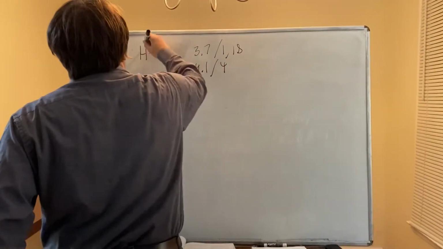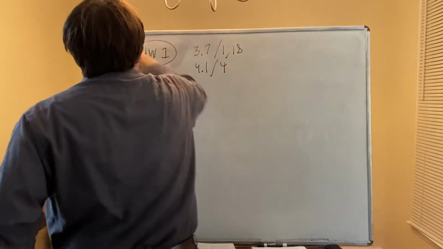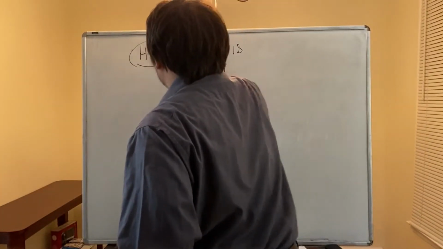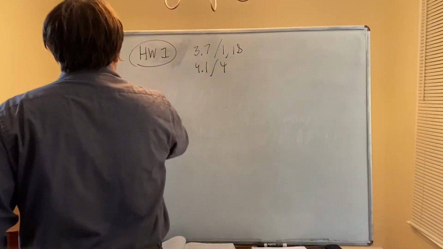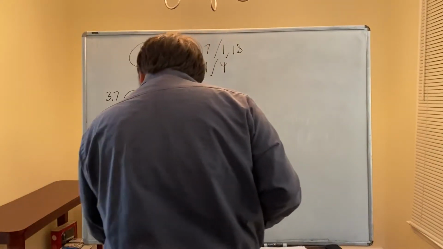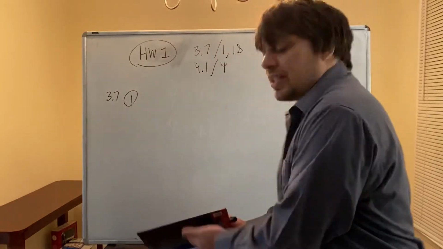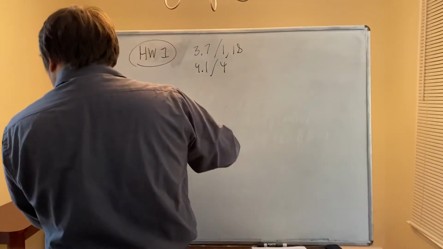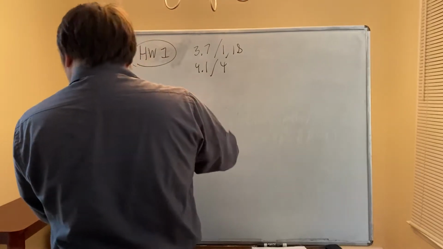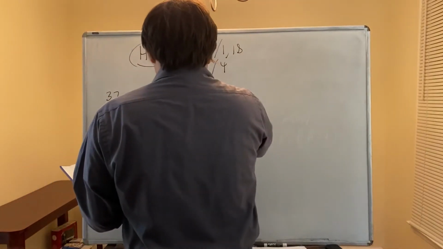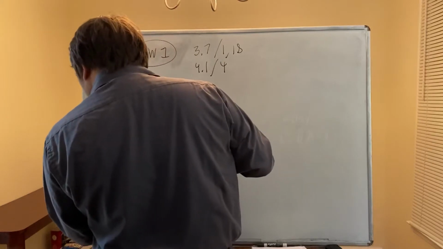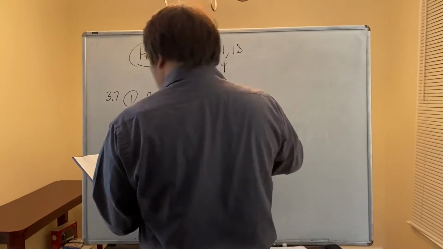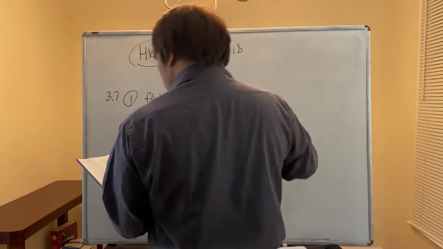Homework 1, those problems. So for 3.7, number 1, we want to find the most general antiderivative of the function f of x is equal to 1/2 plus 3/4 x squared minus 4/5 x cubed.